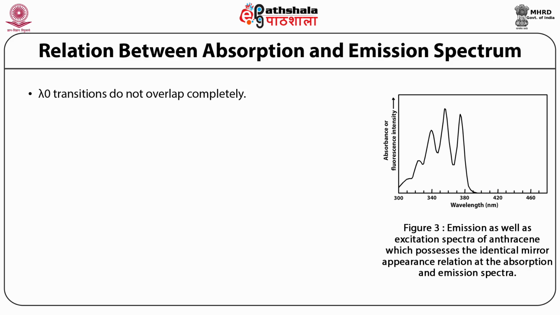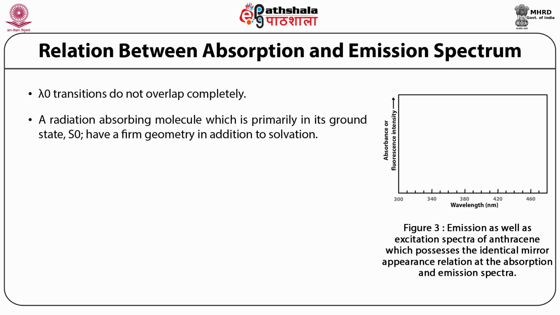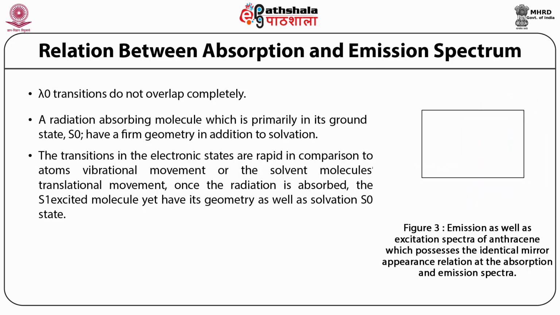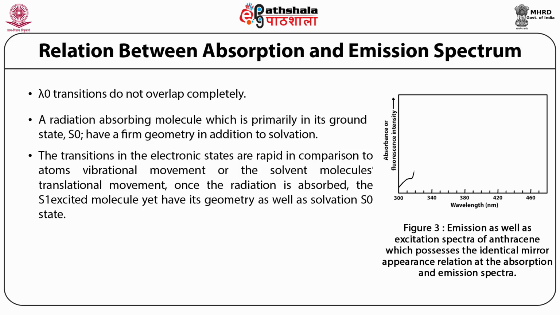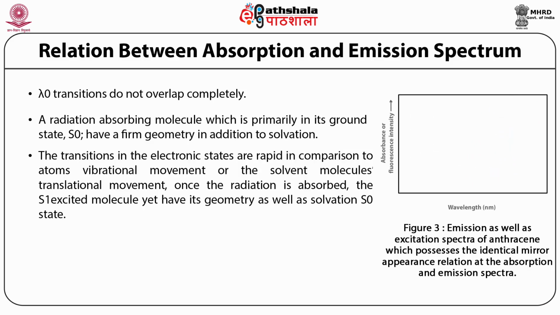As depicted in figure 2, a radiation absorbing molecule, which is primarily in its ground state, does not have a firm geometry in addition to solvation. The transitions in the electronic states are rapid in comparison to atoms' vibrational movement or the solvent molecule's translational movement once the radiation is absorbed.